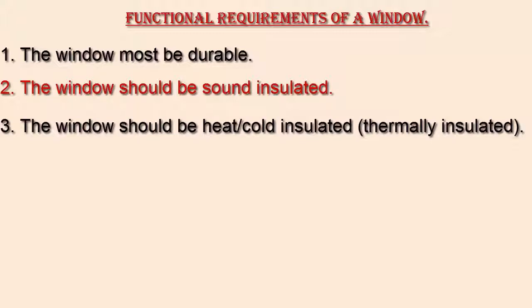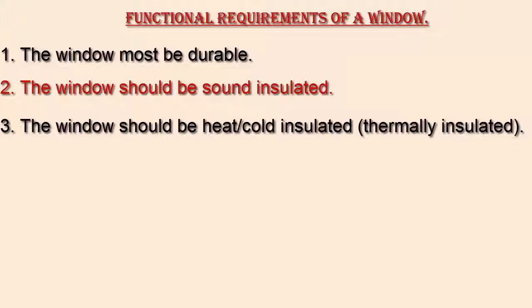The window should be able to resist heat. When it is cold, it should be able to control the cold. When it is hot, the window should also be able to control the hotness of the room. When it is hot in the room and you open the window, it should provide a kind of ventilation for you.